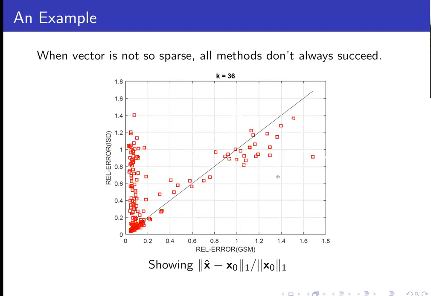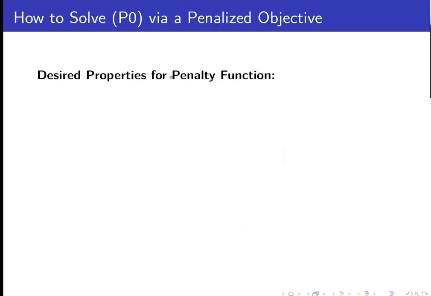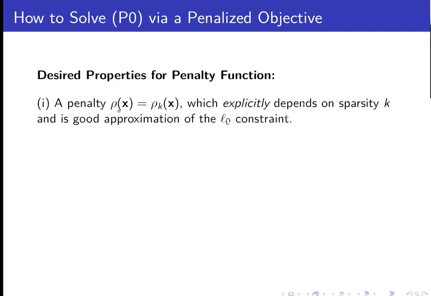Okay, so the approach we're going to take is one that adds a penalty to the least squares objective. And what would we like to have from this penalty? We would like, first of all, this penalty to depend explicitly on the sparsity k that we are looking for. And we would like this penalty to be a good approximation to the L0 constraint.